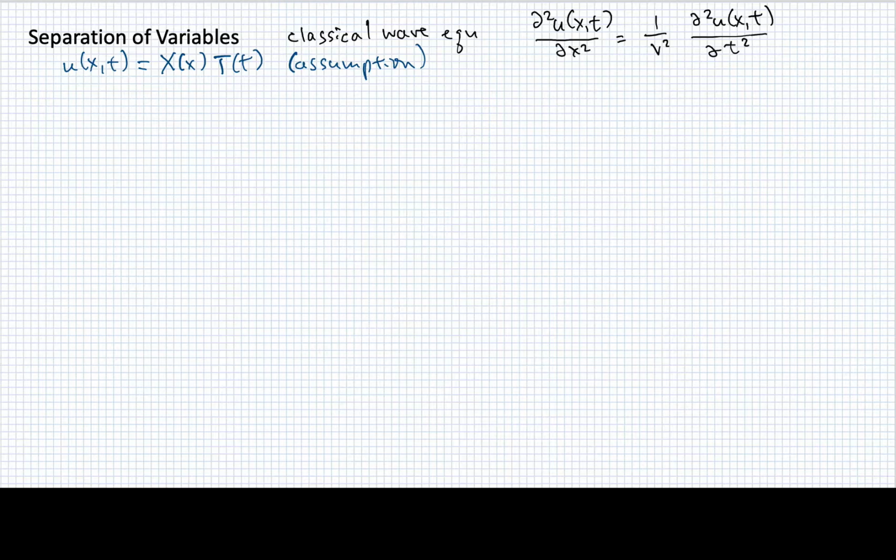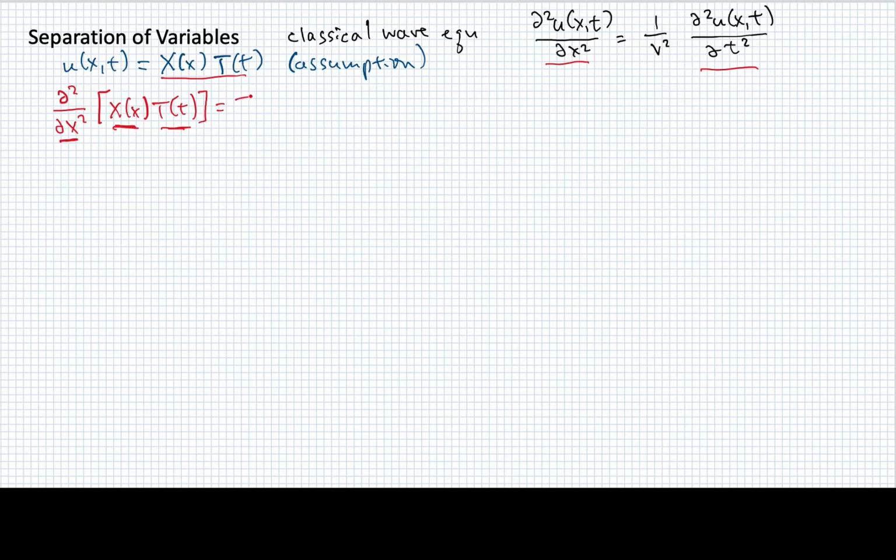All right, so now I want to note something about this. I'm going to look at both sides of this classical wave equation one at a time. If I were, for example, taking the second derivative with respect to x of this new product function, I'll write that in square brackets, note that this derivative is only going to act on this piece. It will not act on this piece.